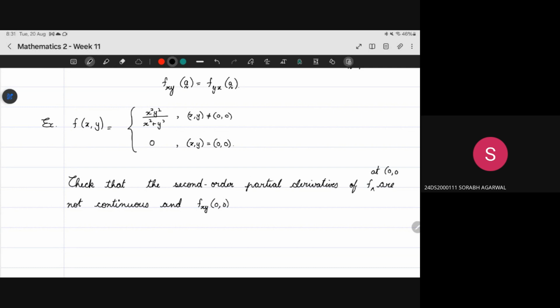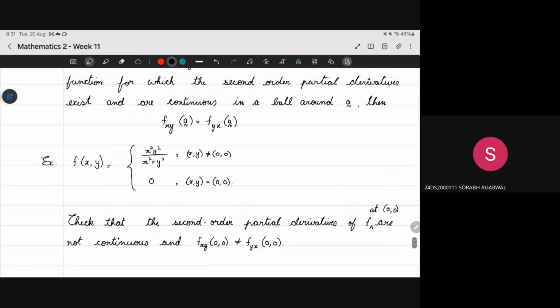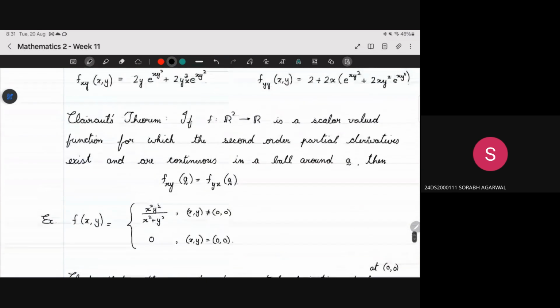It seems like away from the origin, it's a well behaved function, because it's just a rational function with denominator not vanishing. So away from the origin, everything is good. But at the origin, the second order partial derivatives of f are not continuous, and this is not equal to this. So that they exist and are continuous is very important.